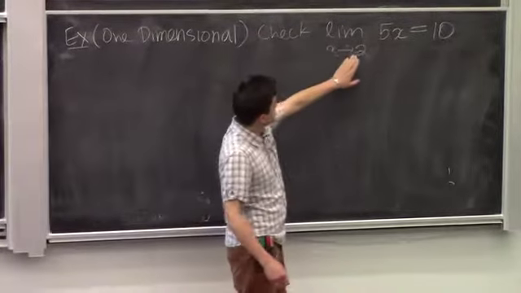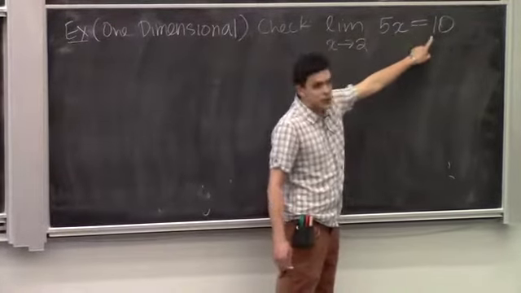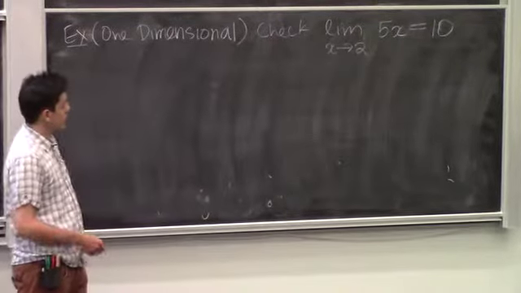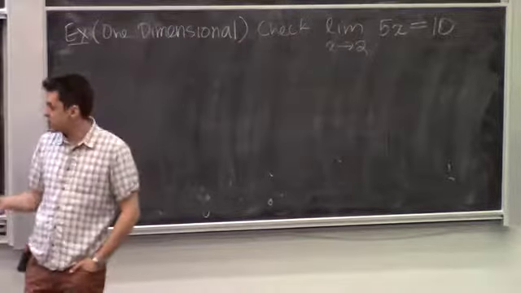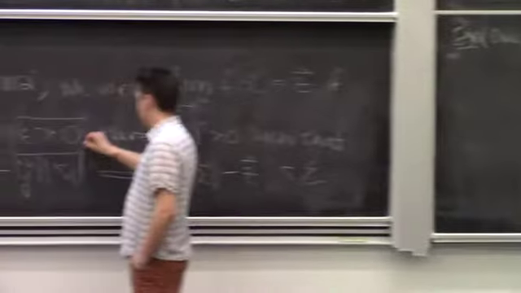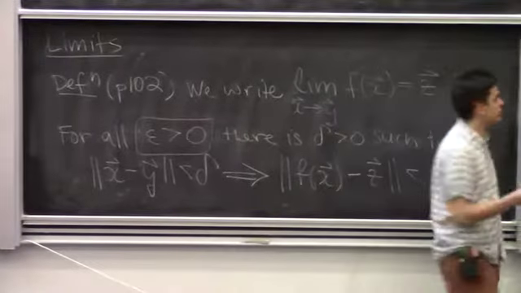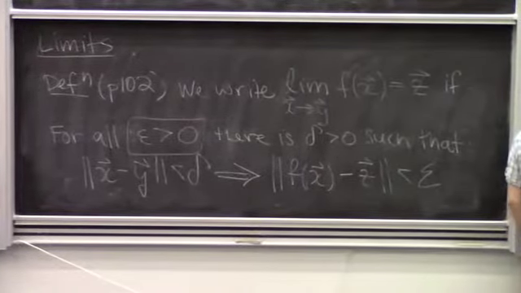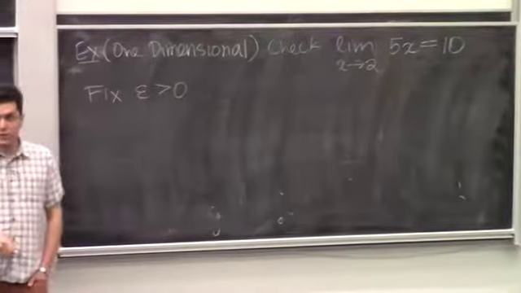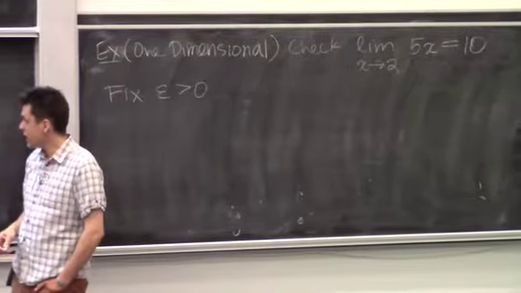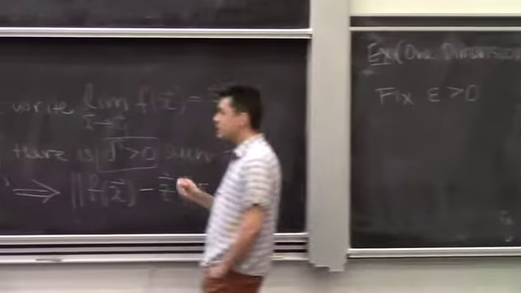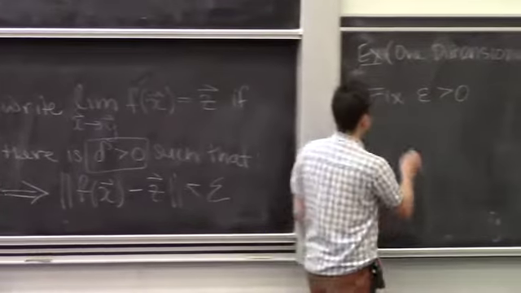As x goes to 2, 5x, we want that to go to 10. So what do we need according to this definition? We need to fix an amount of error. So fix epsilon to be bigger than 0. And now we have to produce an amount of difference so that the following thing holds.